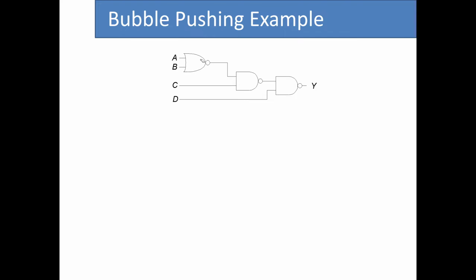I just wanted to make sure that I didn't make the same mistake as in the previous slide. So this one is a NOR gate, NAND gate, and then NAND gate.